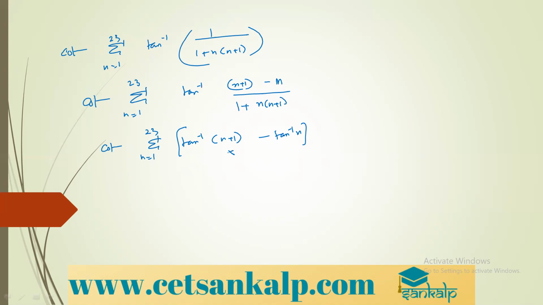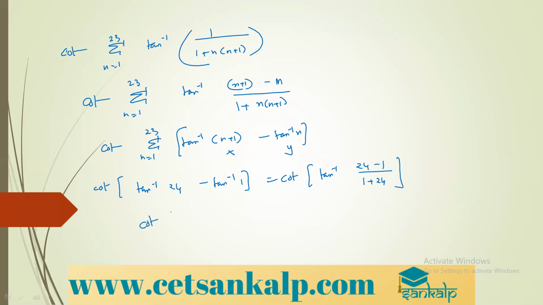Because it's looking like the tan inverse x minus tan inverse y formula. So if you start putting n from 1 onwards, you will be left with just tan inverse 24 minus tan inverse 1, which is tan inverse of 24 minus 1 by 1 plus 24.